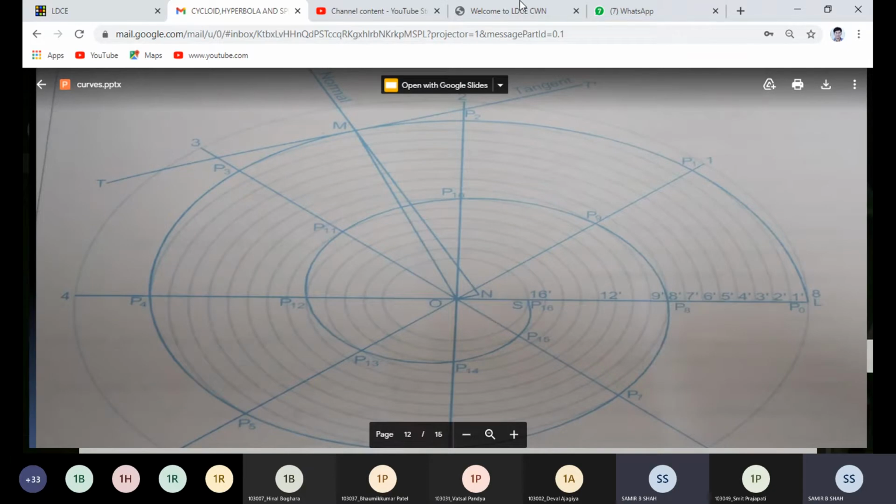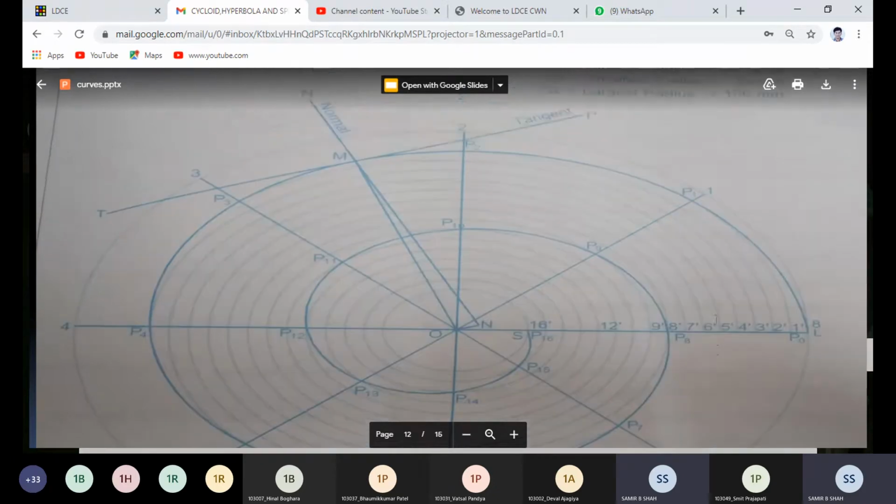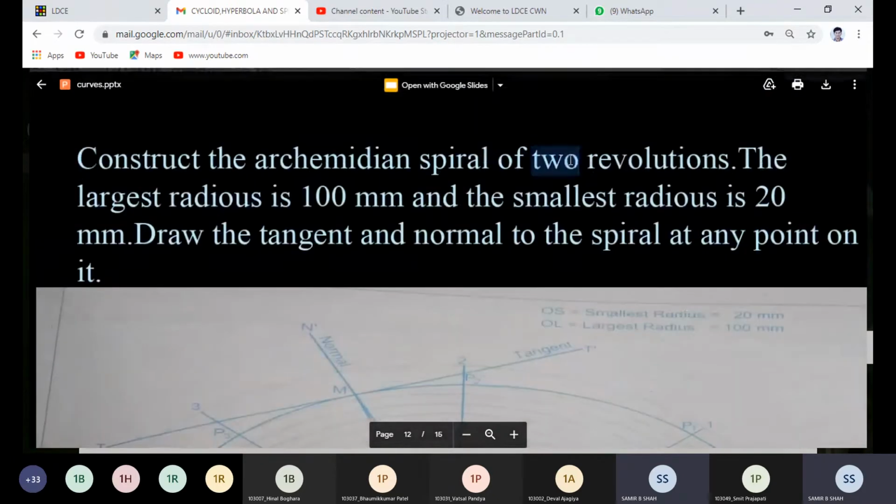Now there is one length that is S to L. The SL length between smallest and largest radius into same number of parts, say equal parts. Okay, you have to remember one thing, that here 2 revolutions are given to you.